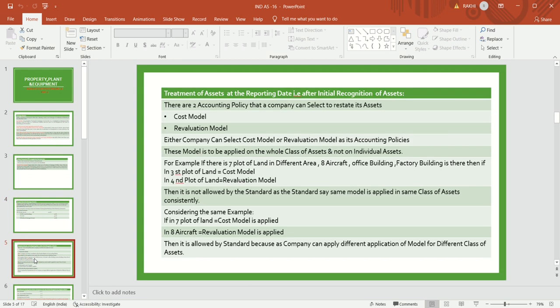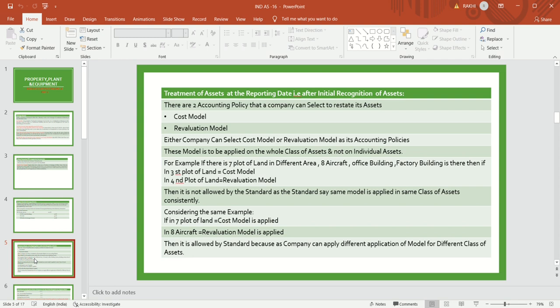Now the treatment of asset at the reporting date, that is after initial recognition of the asset. We all know the initial recognition of the asset when we purchase it, but how will we treat the asset in the books during the useful life of the asset?